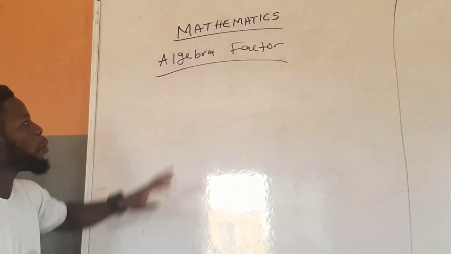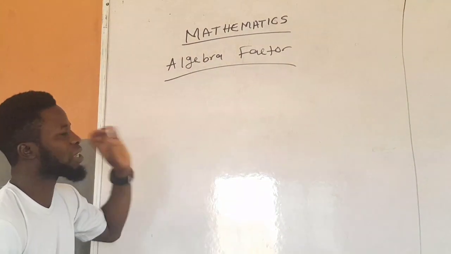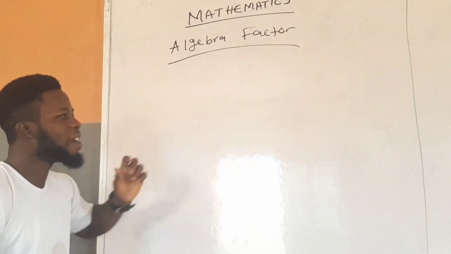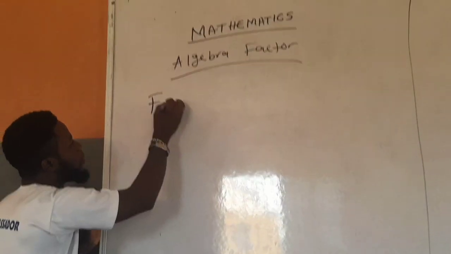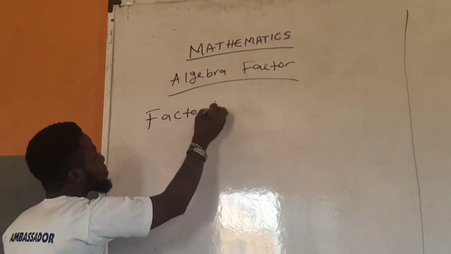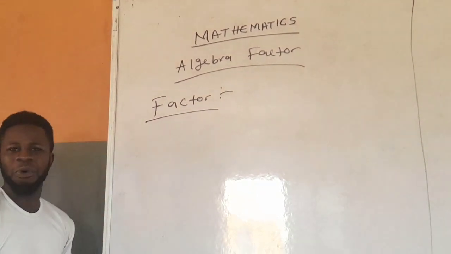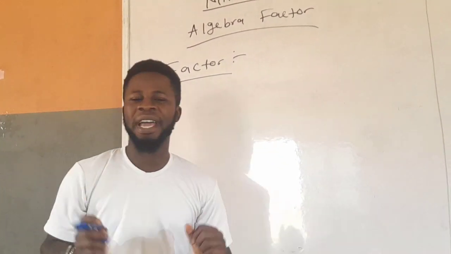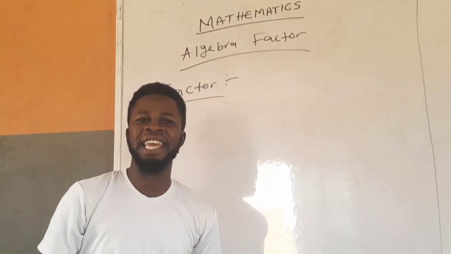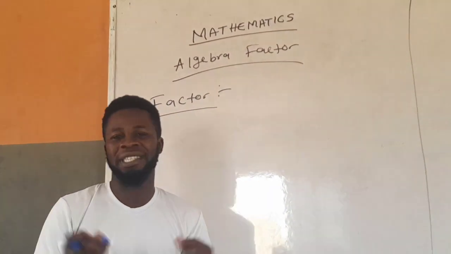Algebraic factor. When you hear this particular topic, there are some basic things you need to understand. The first one is what I call factor. If you don't understand what we call a factor, you might have a problem. And I can hear you asking me, what is a factor?